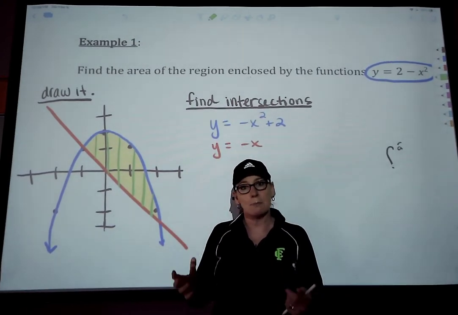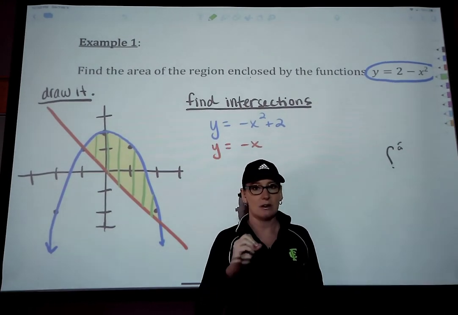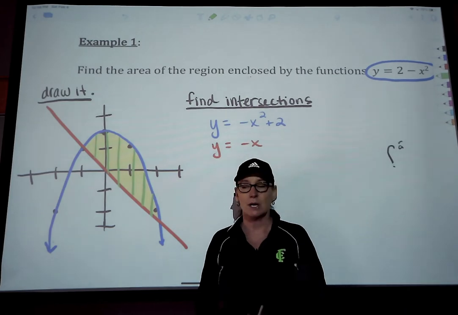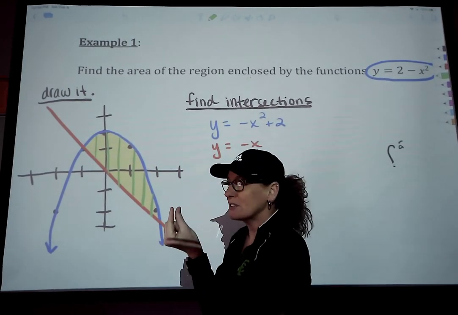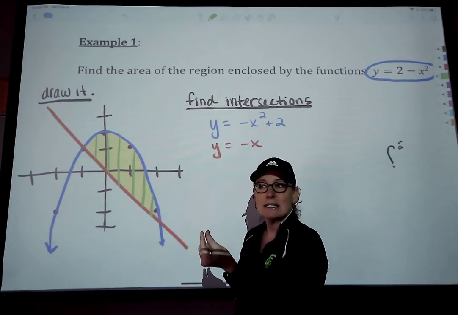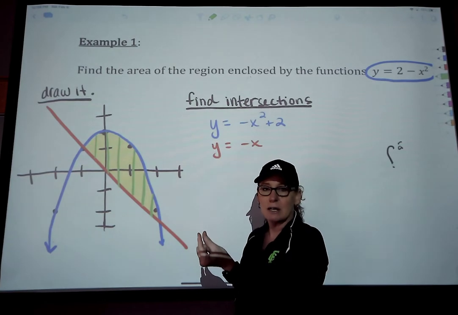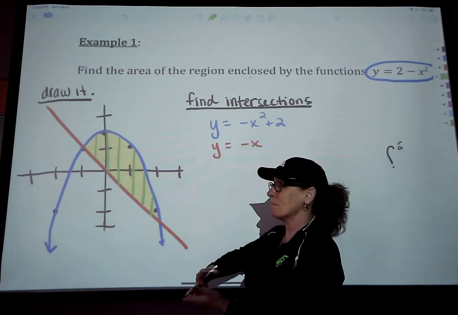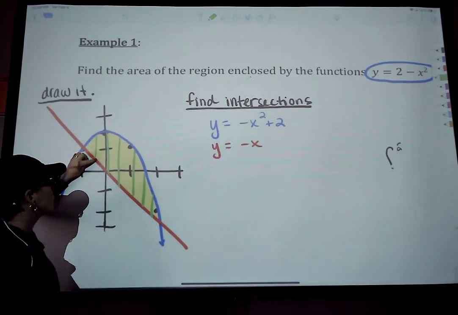What we're going to do, we're going to create an integral that accumulates the areas of each rectangle. My width of each super skinny rectangle is going to be delta x, but in an integral that's dx, okay? My width is going to be delta x, and my height is going to be blue y value minus red y value.